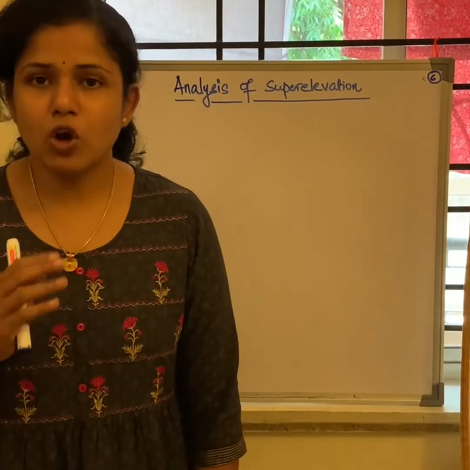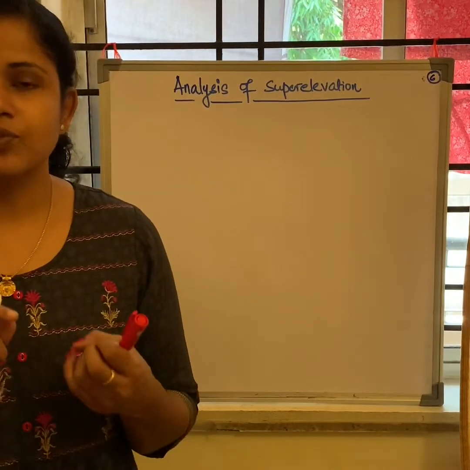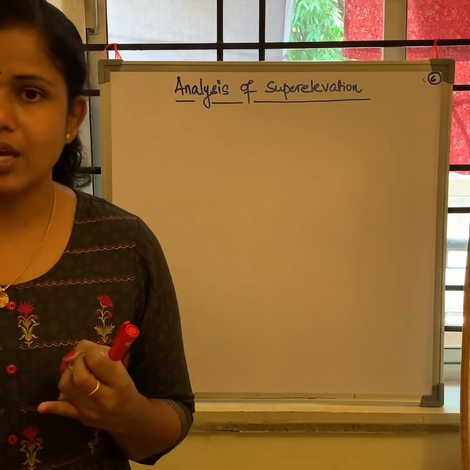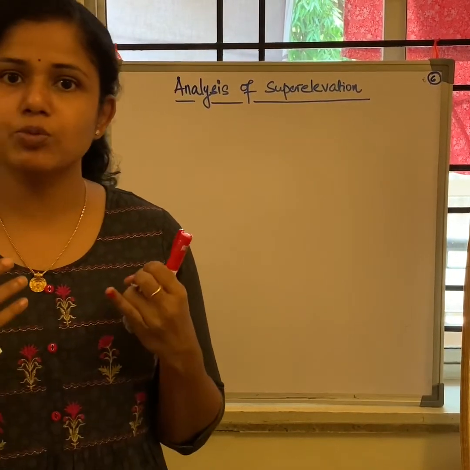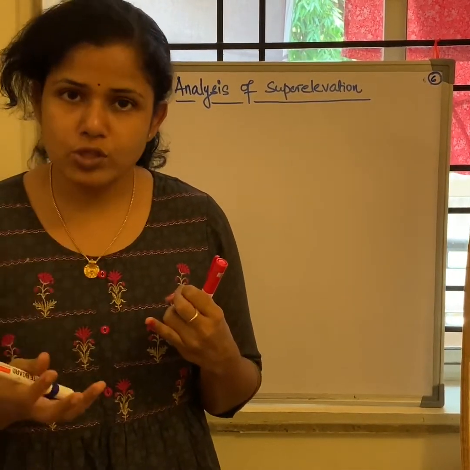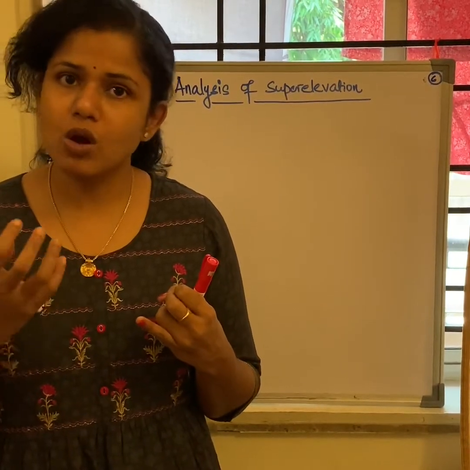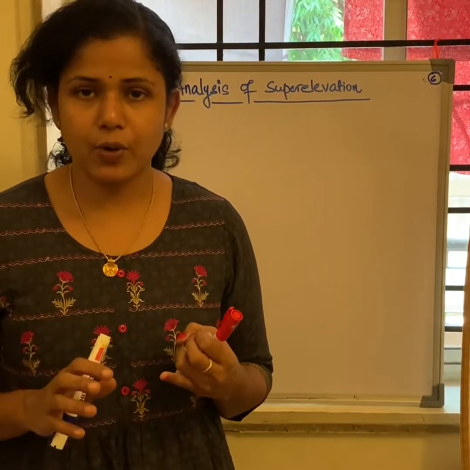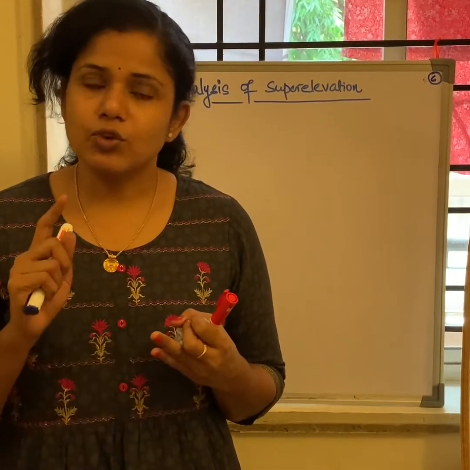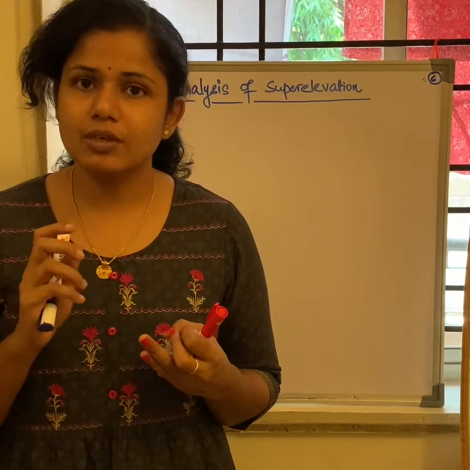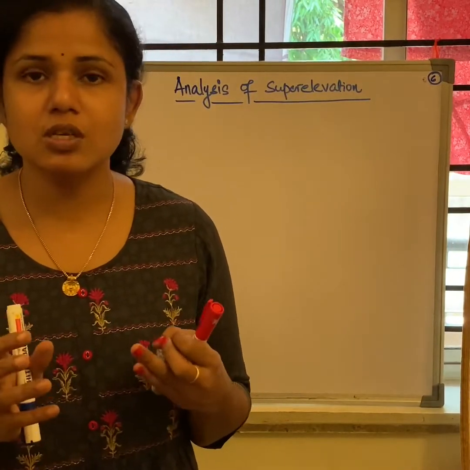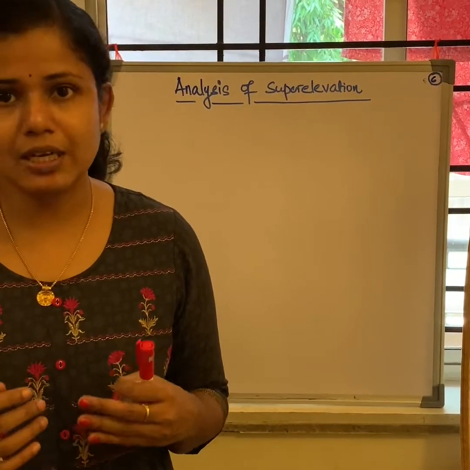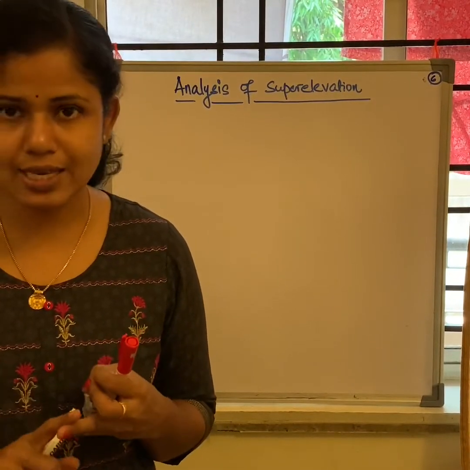The further topics we are going to discuss: one should know about the analysis of superelevation. When I say analysis, we will look at the various forces that act, which forces counteract your centrifugal force, and what the equilibrium conditions are. The second point is the limitations in the value: how much can be the maximum value considered in design, and the limiting minimum value of superelevation.